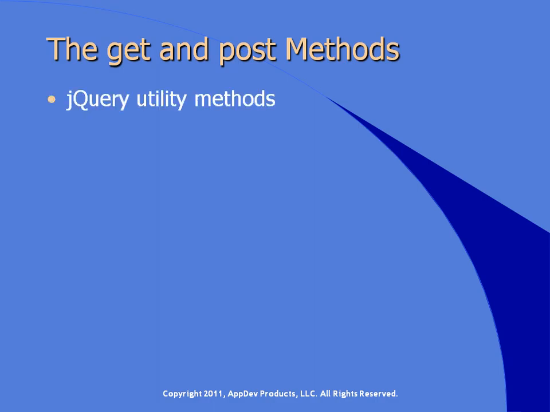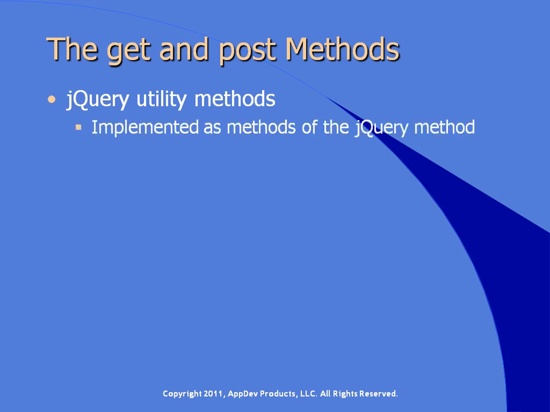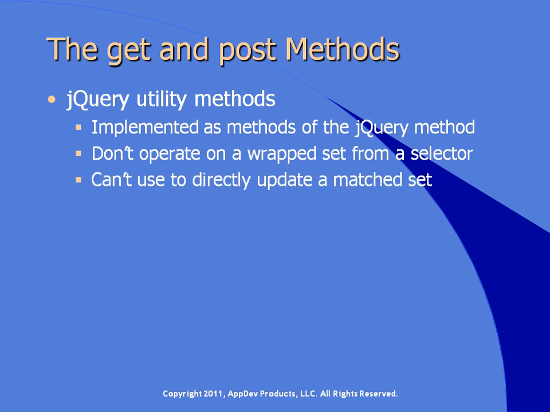The get and post methods are utility methods, which again means that they're implemented as methods of the jQuery object, rather than operating on a wrapped set resulting from a selector used with the jQuery method. This means that you can't use get and post to directly update a matched set of elements as you can with load.